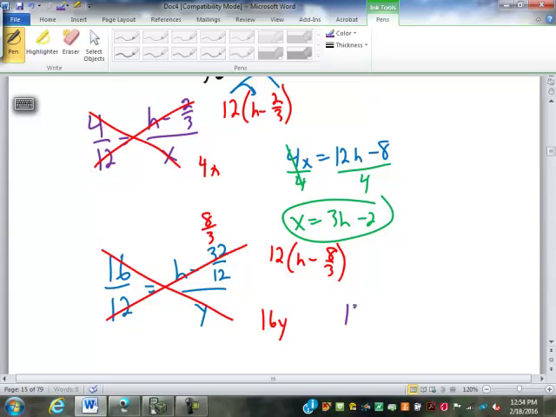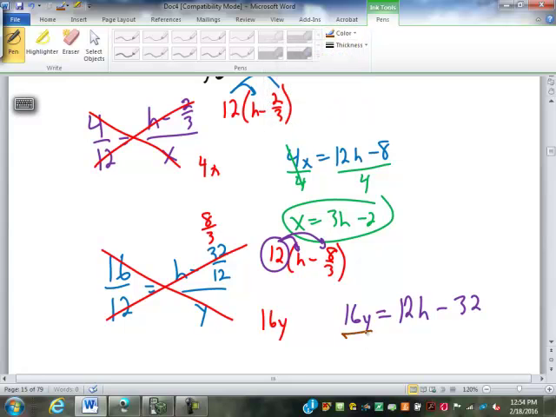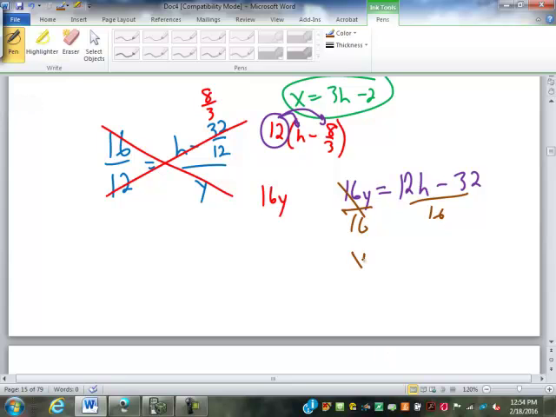So 16y equals 12 times h is 12h minus 12 times 8 over 3 is 32. So now we shall divide by 16. So 16 is gone. We got y equals 12h over 16 is 3/4 h.